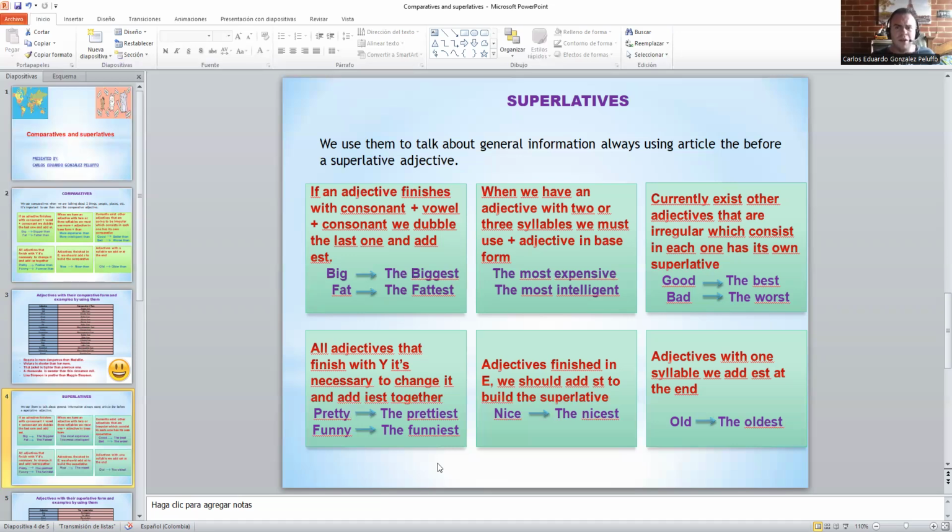If the adjective is irregular, the rule changes totally: the best, the worst.